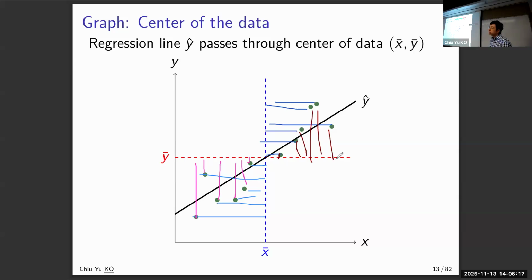So this is standard data. If I have x bar, I would expect y bar, right? But if your data is not at x bar, say this one, so this is x, what are you predicting? You're predicting here.